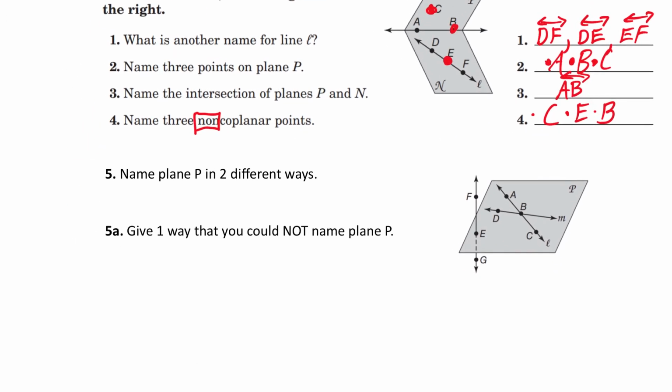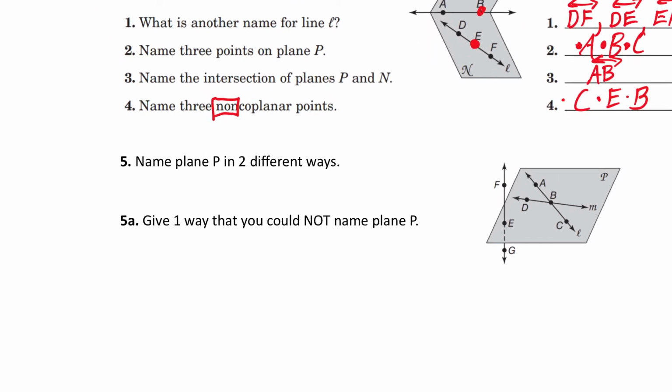Name plane P in 2 different ways. Okay, so we're looking at this one now, just so you know. One thing we could call it is plane ABD.